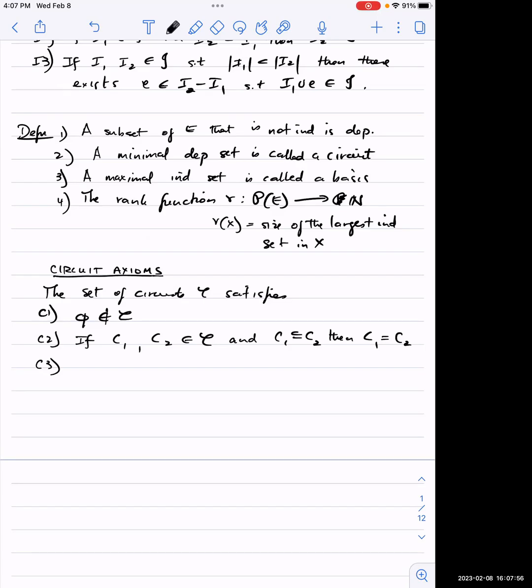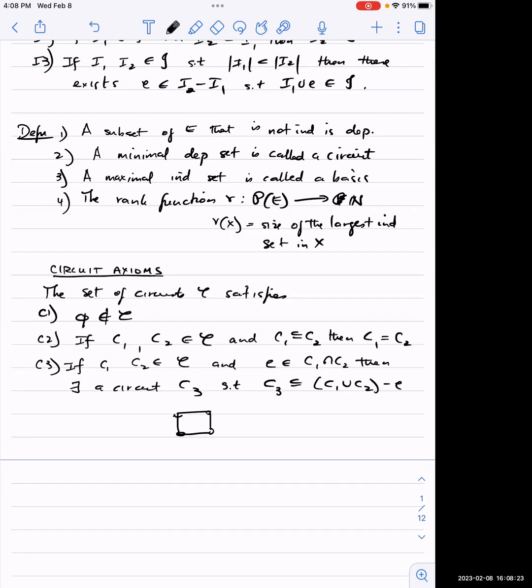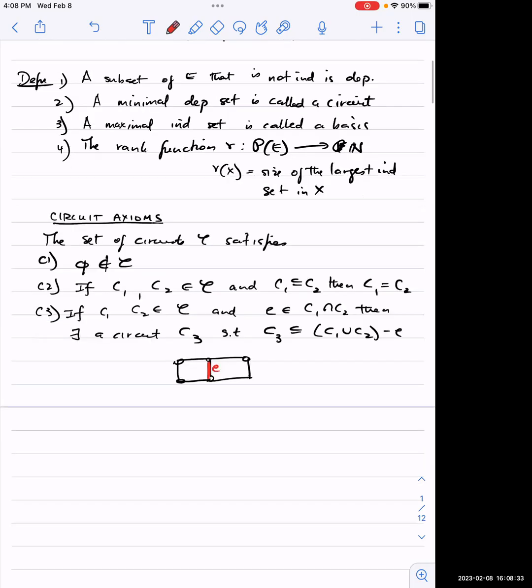And C3, this is the circuit elimination axiom. If C1 and C2 are circuits and there's an element e in the intersection, then there exists a circuit C3 such that C3 is contained in C1 union C2 minus e. And there the example would be something like this, where you can see that there's another circuit in C1 union C2 minus e.